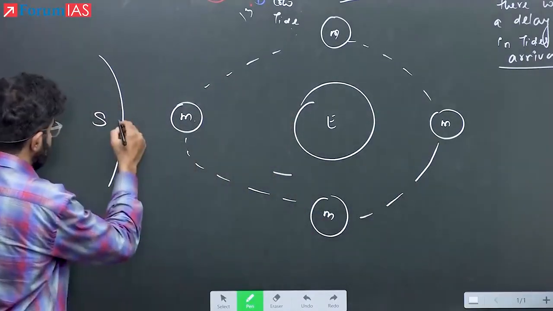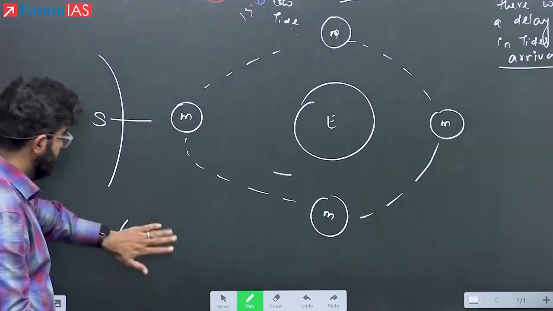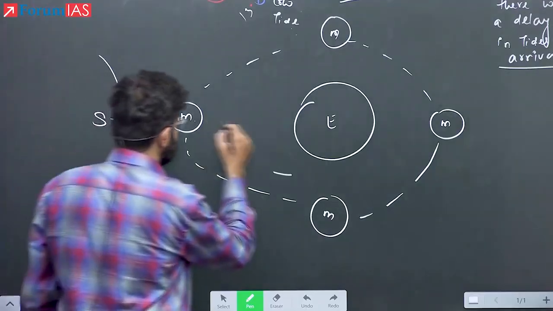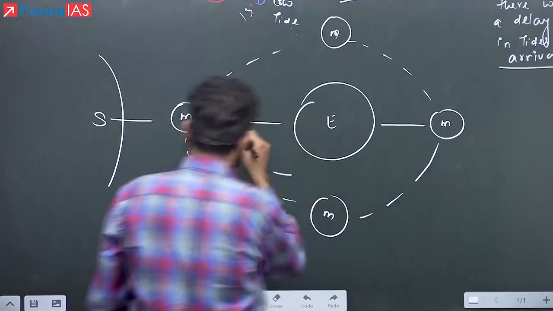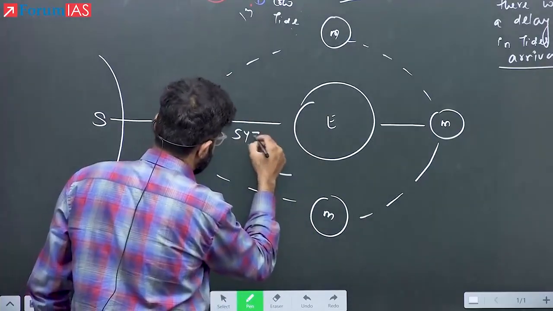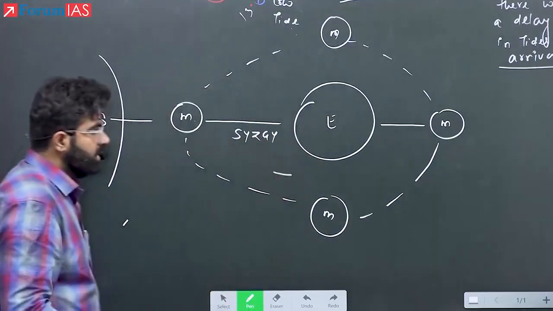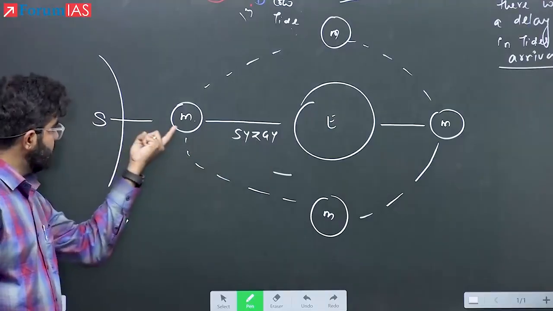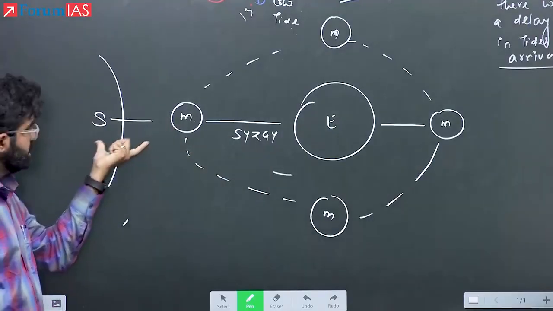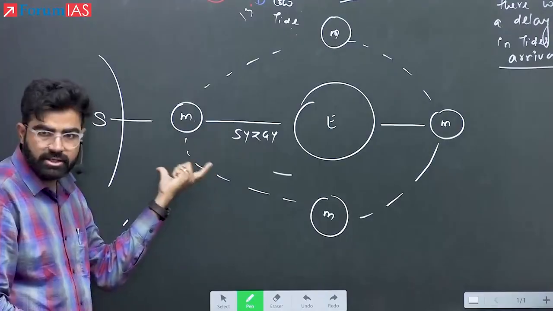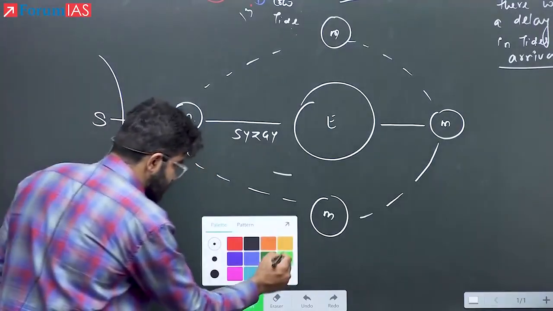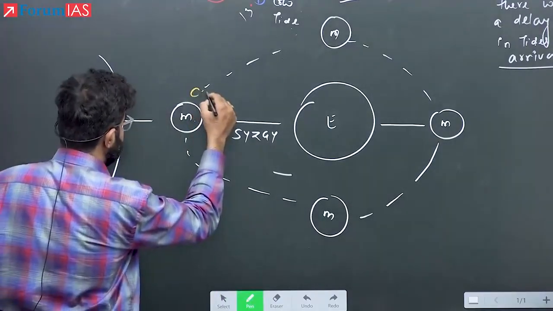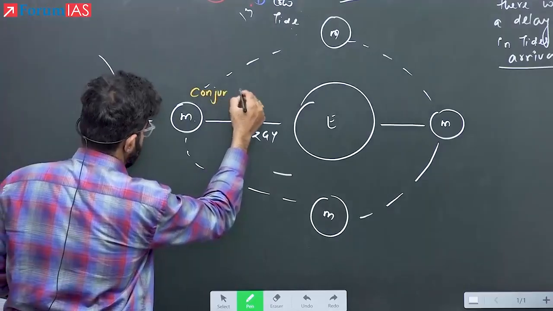Now see here, if sun, moon and earth are in line, this condition is known as syzygy. When they are in line and moon and sun are both in the same direction, then it is known as syzygy conjunction, right? So I'm just writing some of the positions. This is your syzygy conjunction.